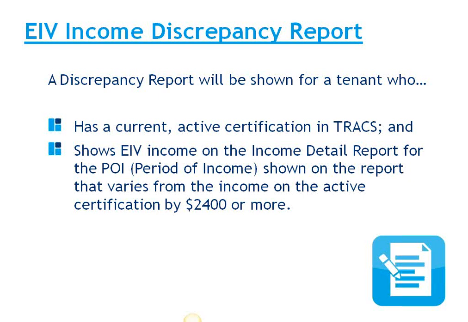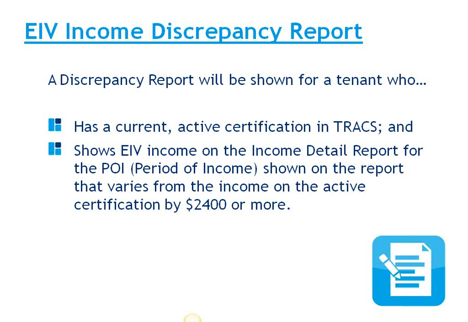So whatever the sum of wages, unemployment, and Social Security are, whatever that amount is that's on your cert, if EIV sees a different amount of those three types of income, and collectively those two figures vary by $2,400 or more a year, that's the threshold that triggers a discrepancy.